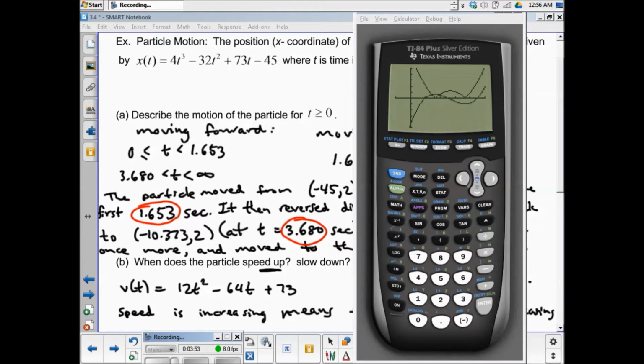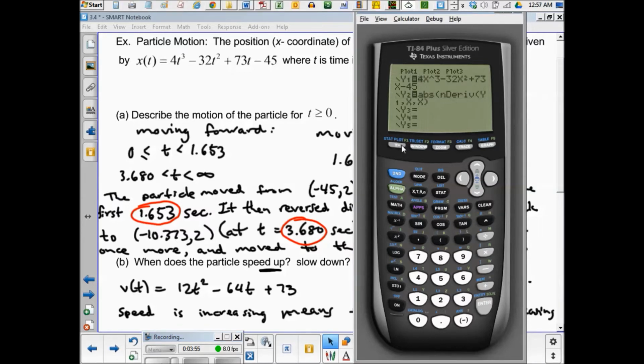Okay, so first I'm going to go ahead and make my second plot bold. And I think I'm actually going to turn off my first plot.